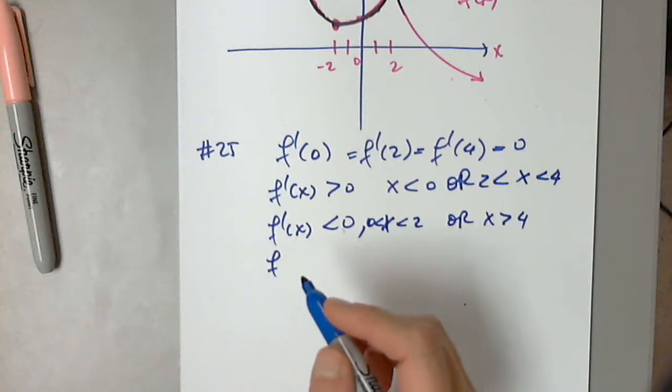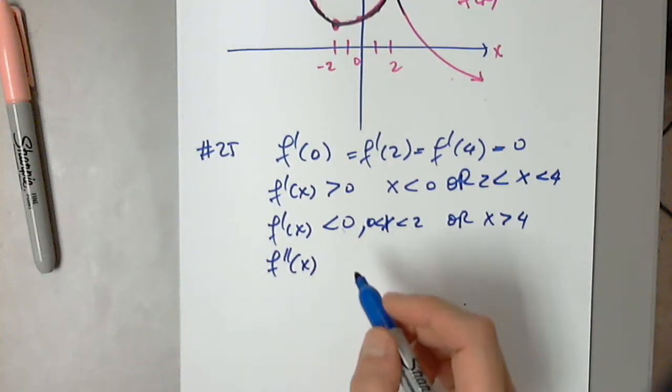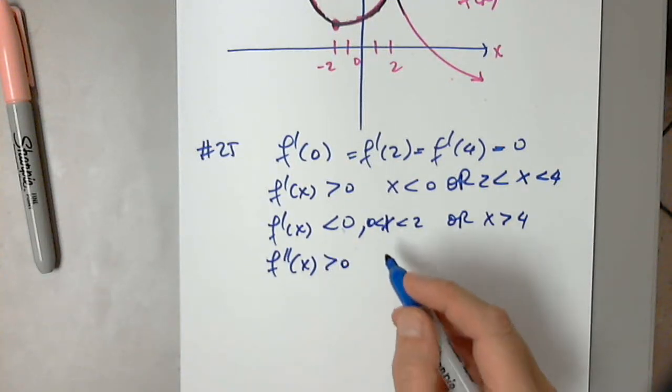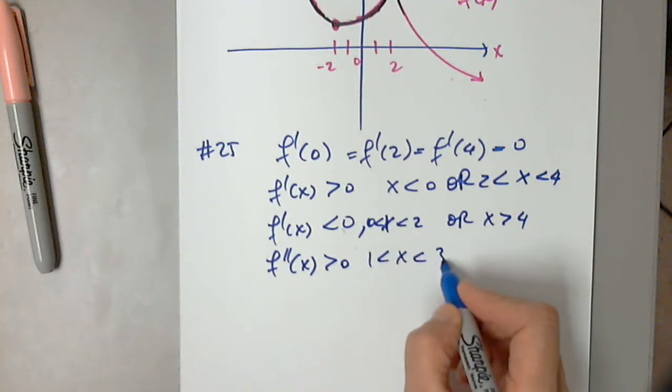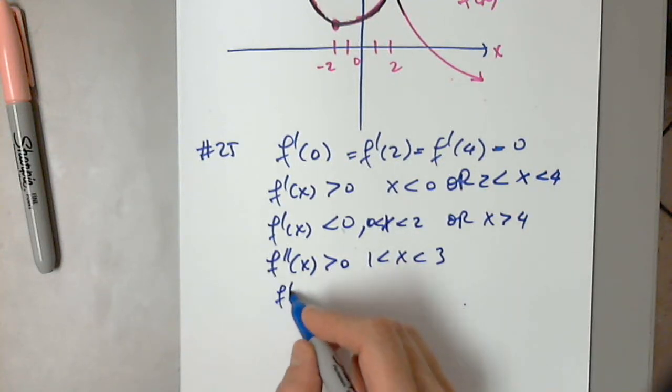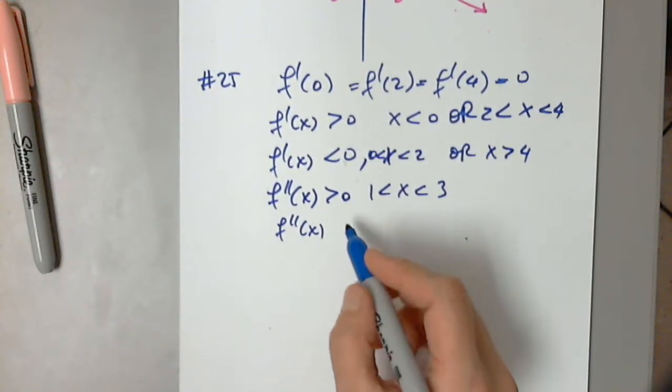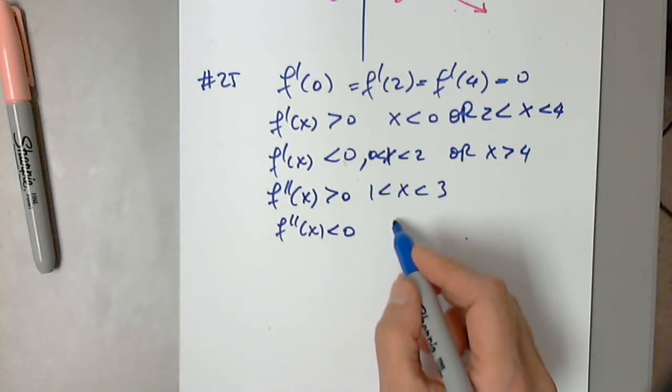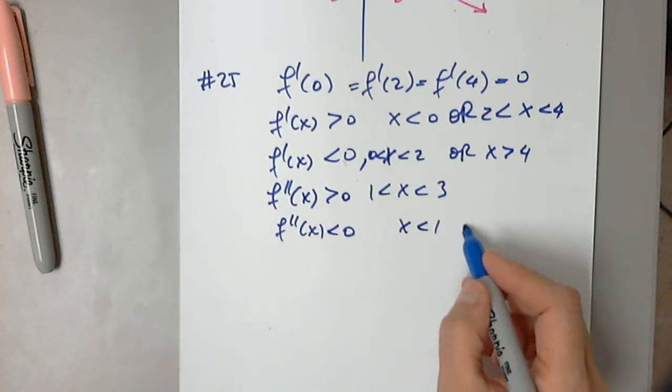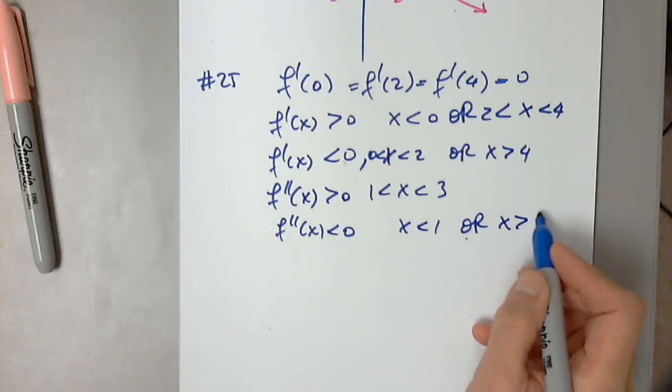I chose that one because it was in red and I said, okay, maybe there is something interesting there. The second derivative is positive for x between 1 and 3, and less than 0 for x less than 1 or x greater than 3.